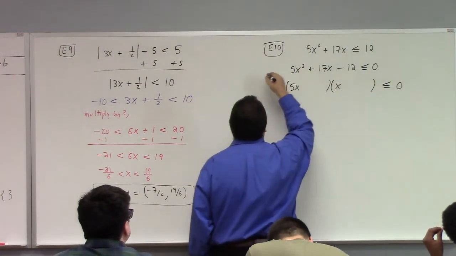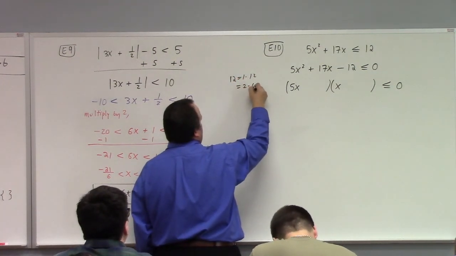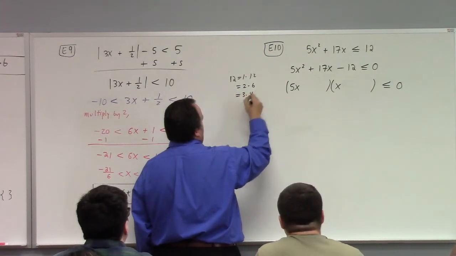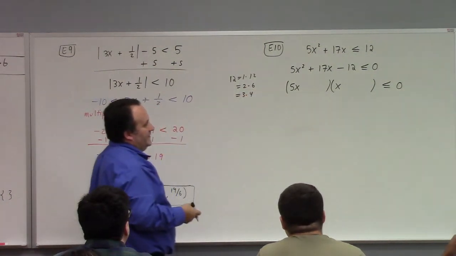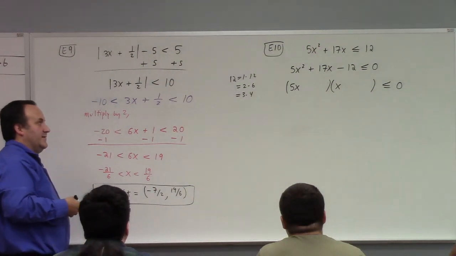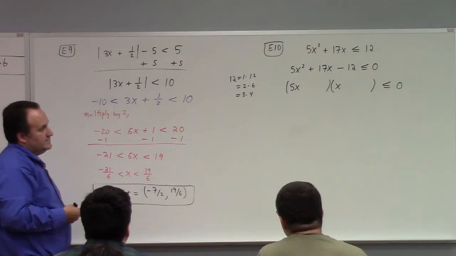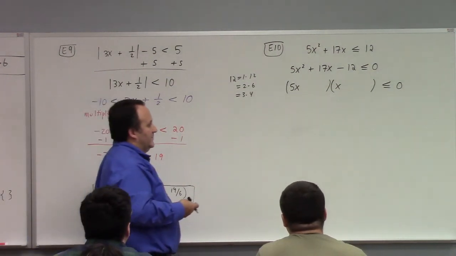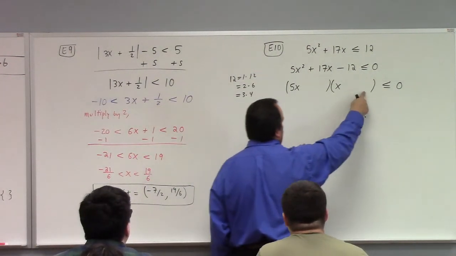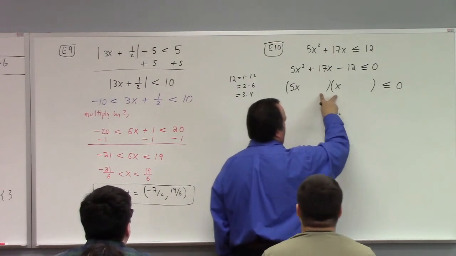So 12 is what? 12 is 1 times 12. It's 2 times 6. It's 3 times 4. The question is, how can you get a 17 from all that, right? Well, there's a 5x there, so we're doing 5 times something, plus 1 times the other thing, right?